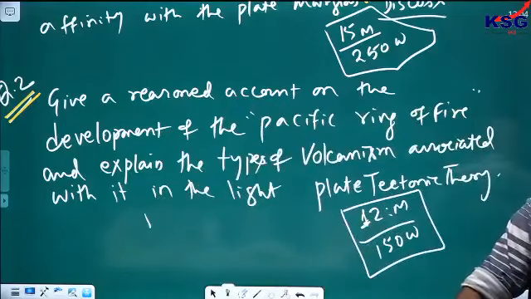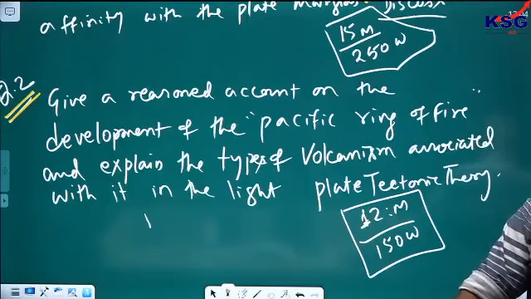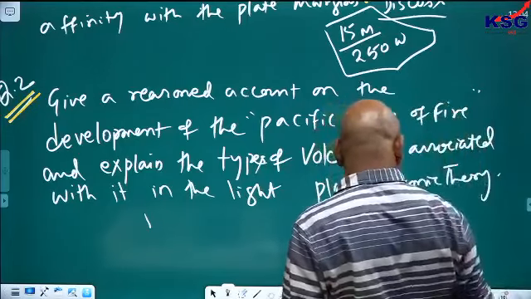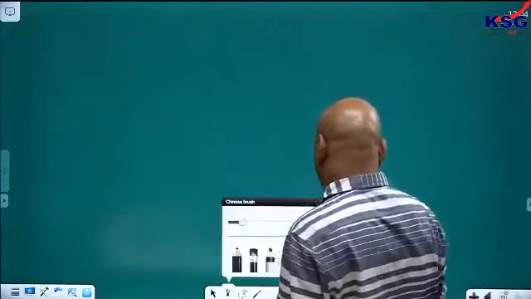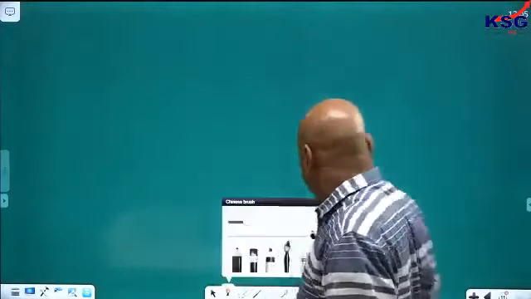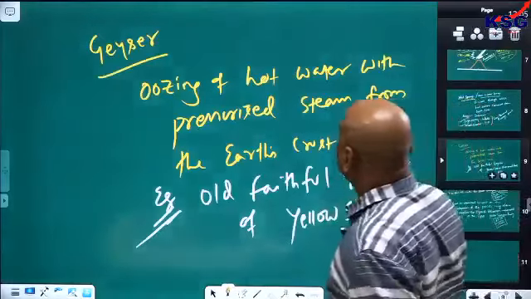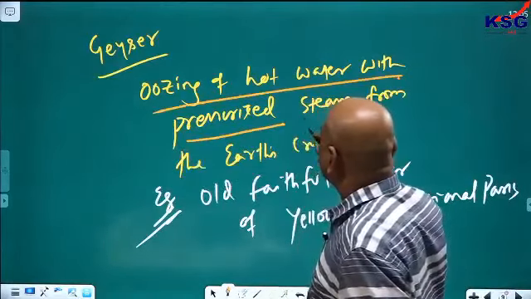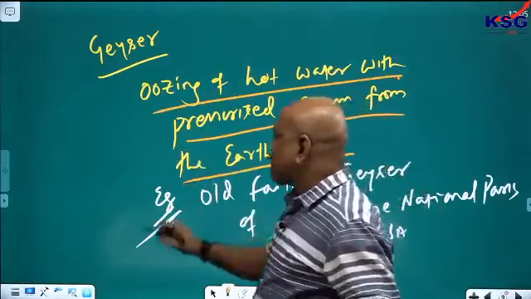Next topic. This is very easy and very simple, whatever is there. In the questions from the UPSC, if you look, there is repetition of the geyser portion. Geyser, what are these geysers? I have already said, oozing of hot water with pressurized steam from the earth's crust.